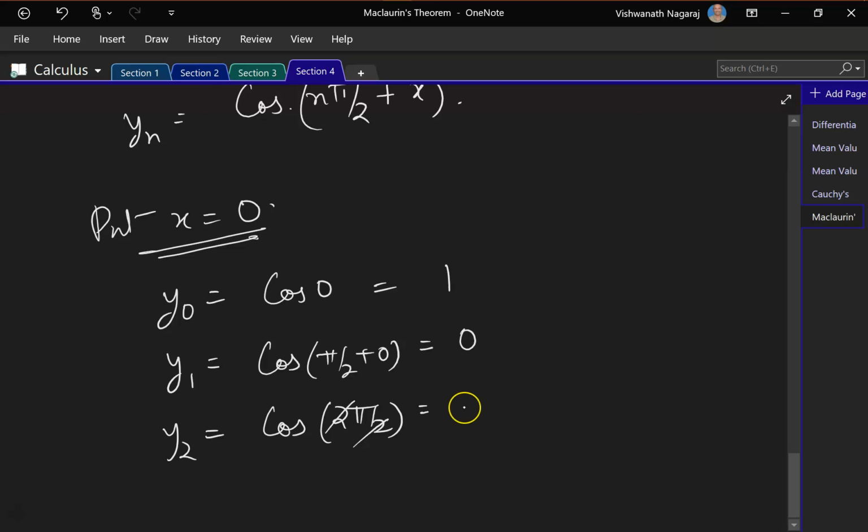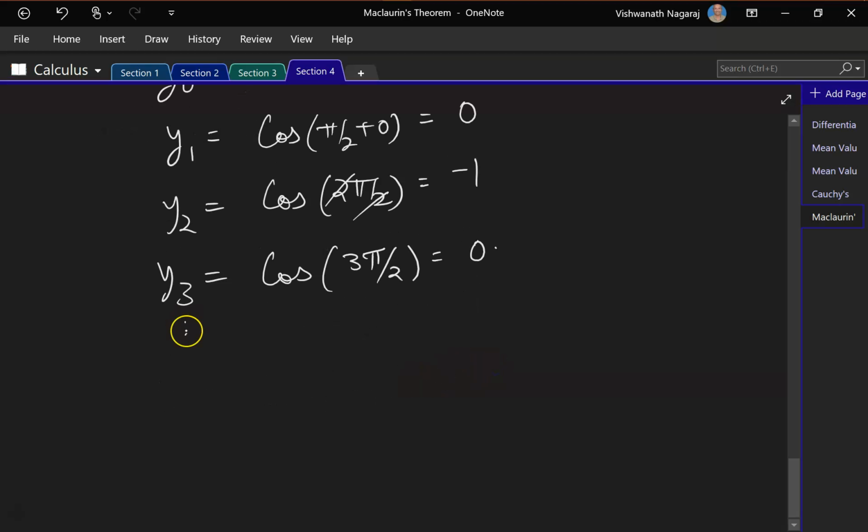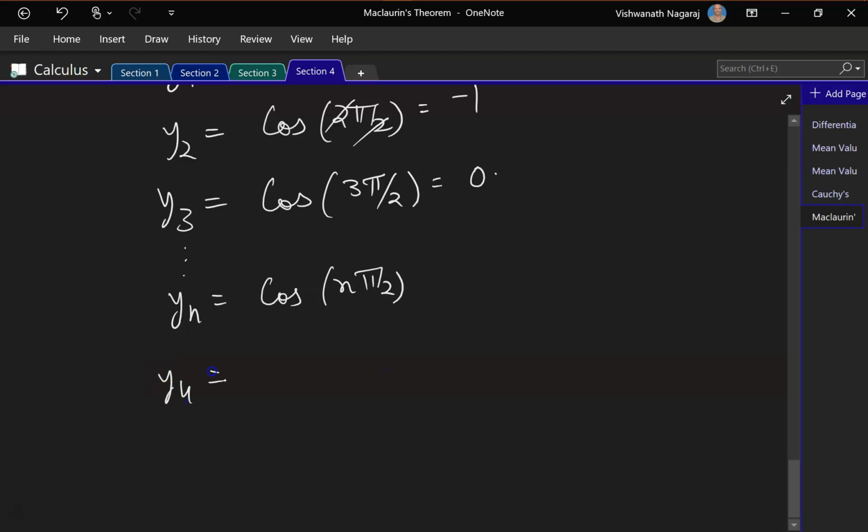Cos pi is minus 1. y3 is cos 3 pi by 2, which is again 0. And the nth derivative would be cos n pi by 2, and just one more term, cos 4 pi by 2, so cos 2 pi would be equal to 1.